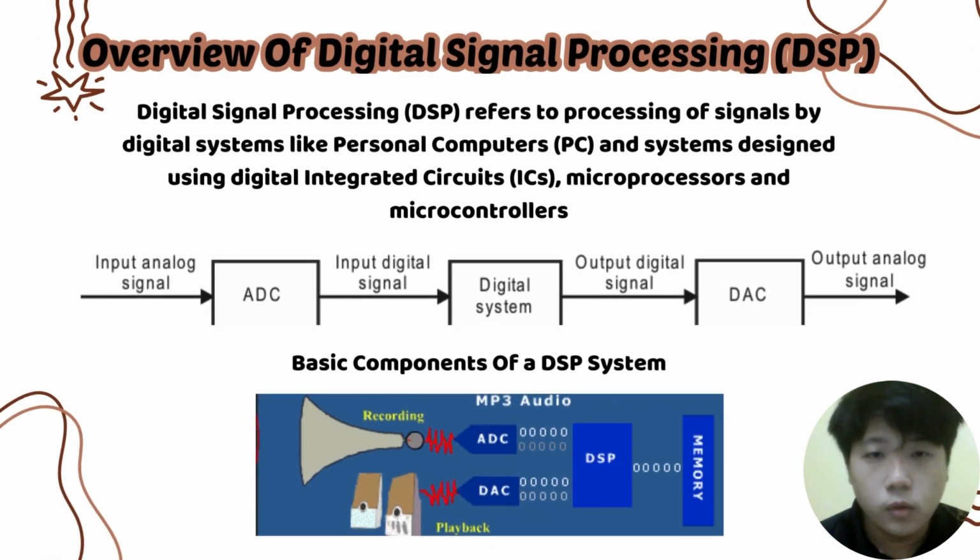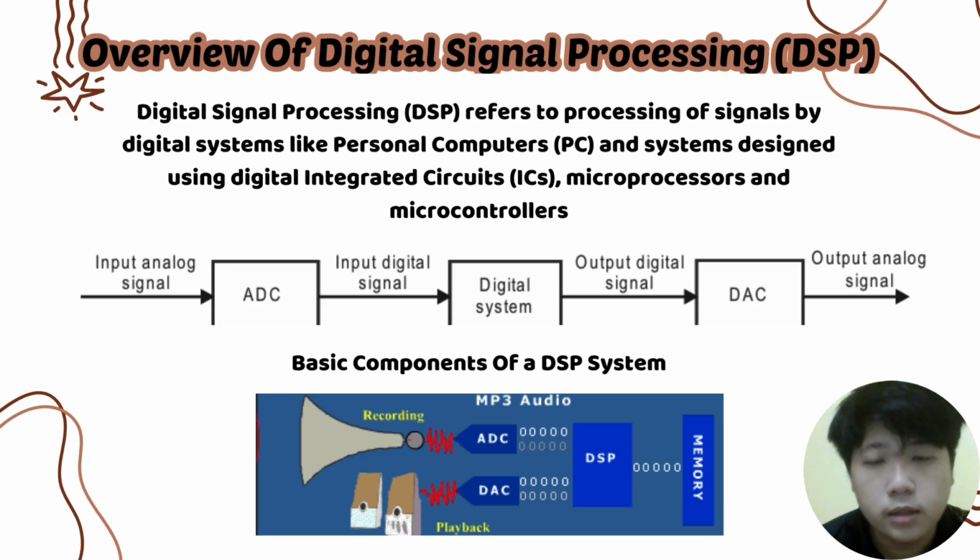Okay, this is the overview of digital signal processing. So what is digital signal processing? Digital signal processing, DSP, refers to the processing of signals by digital systems like personal computers, PCs, and systems designed using digital integrated circuits, ICs, microprocessors, and microcontrollers. This is a block diagram of the basic components of a digital system.